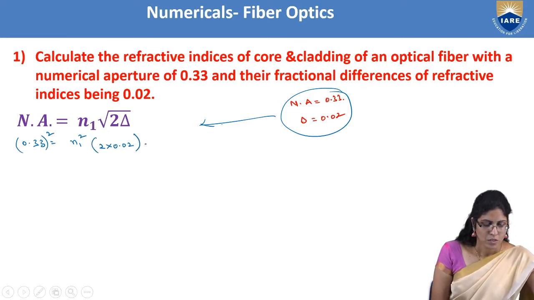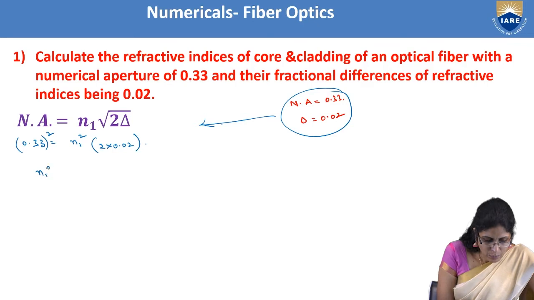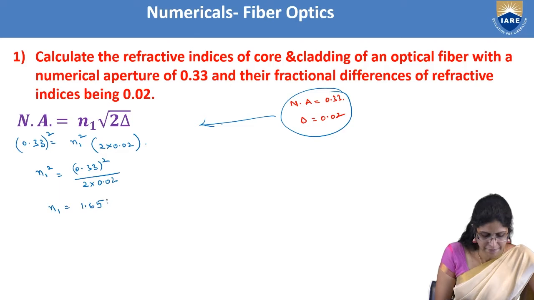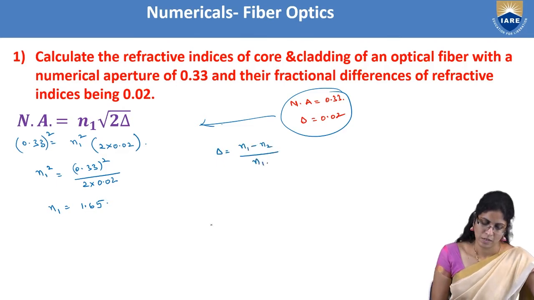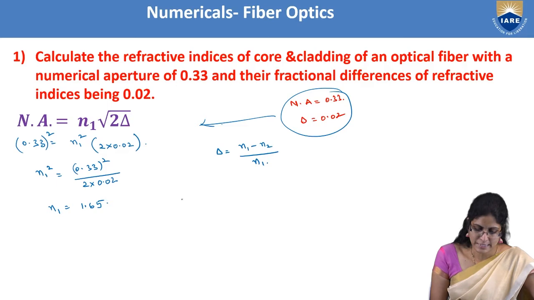So from this, n1 square can be given as 0.33 square by 2 into 0.02. So from this, you get n1 as 1.65, and we know that delta is equal to n1 minus n2 by n1. And we have 1.65 here, just substitute.